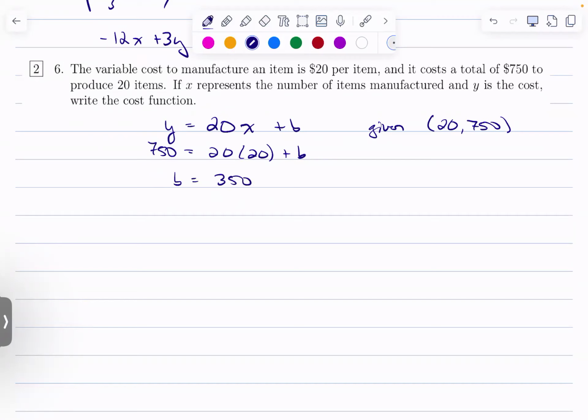B is 350. Therefore, Y is 20x plus 350. I like those 2 marks rather than the previous one, which is only 1 mark, but that was a mistake. This should be 0.